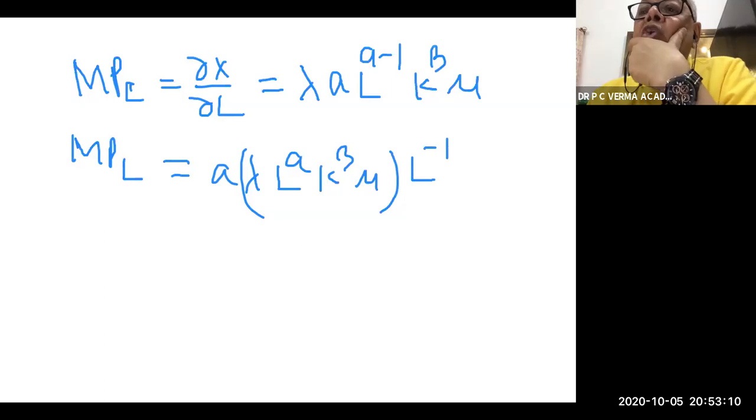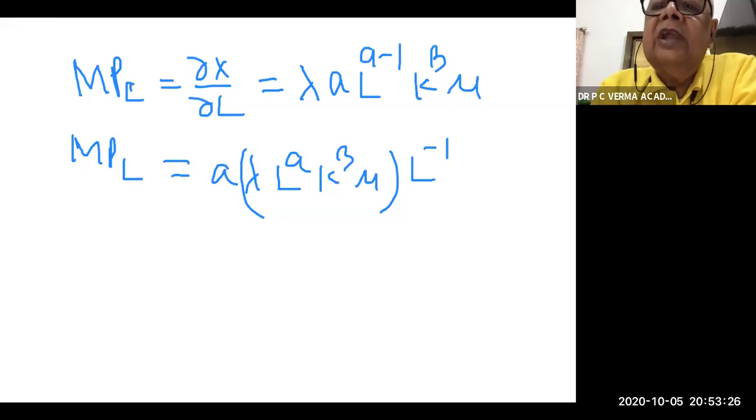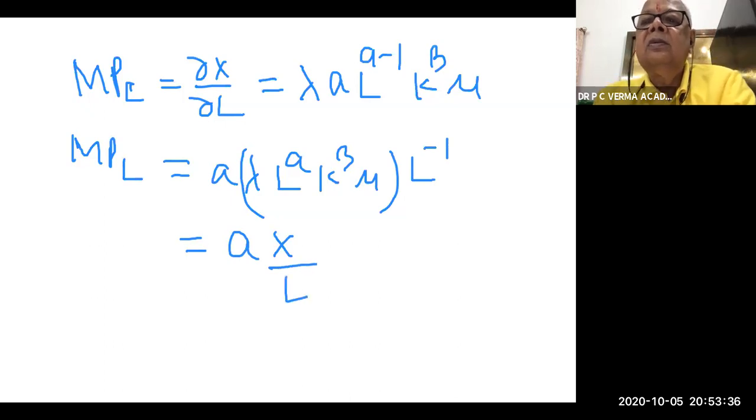Here we have L to the power alpha minus 1. We will take out L to the power minus 1 outside, and in the bracket we will write the value of X, lambda L alpha K beta mu, and alpha is outside. So we will have alpha X by L, which is alpha APL.